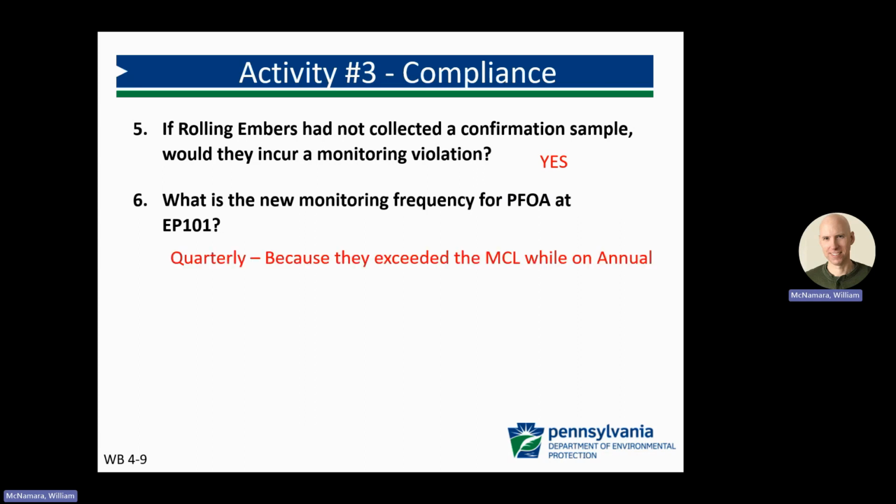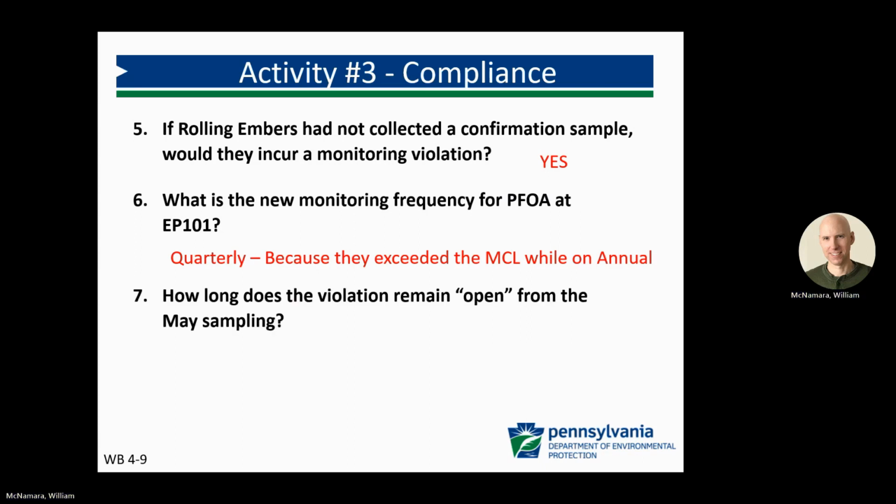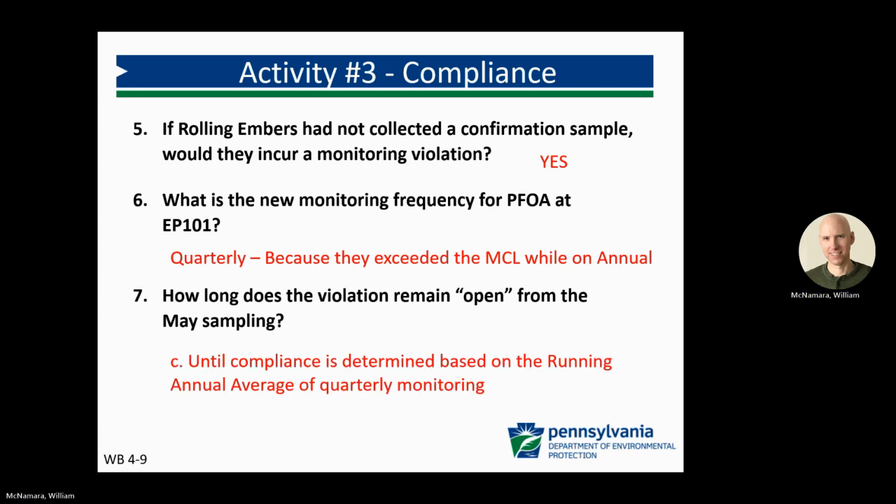They exceeded the MCL while on annual, so now they go into what's called increased monitoring because they're going to quarterly monitoring. How long does the violation remain open from that May sampling? And of the choices there, it was answer C, until compliance is determined based on the running annual average of quarterly monitoring.